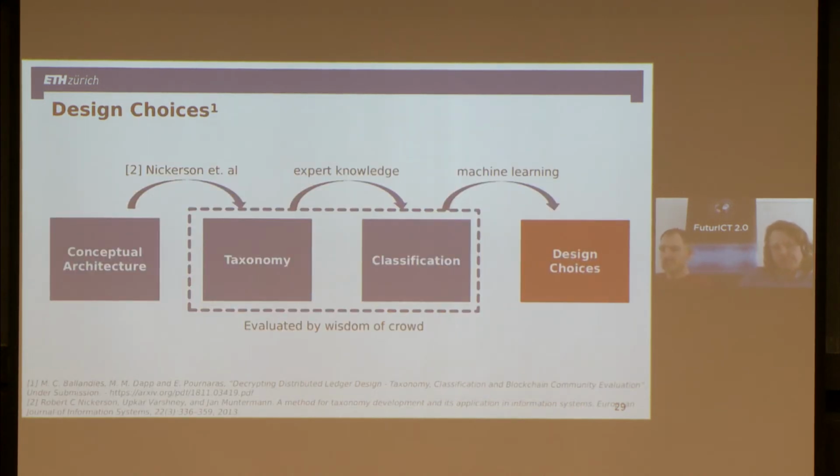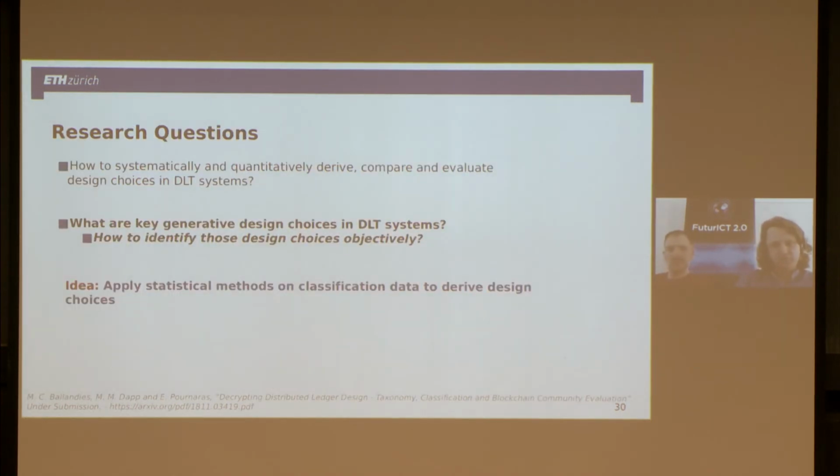Okay, so now what we have is basically a taxonomy which we think, and have also validated, is expressive enough to describe systems out there, and we have a data source which is validated by the community, and we applied some machine learning on top of it to derive these design choices.